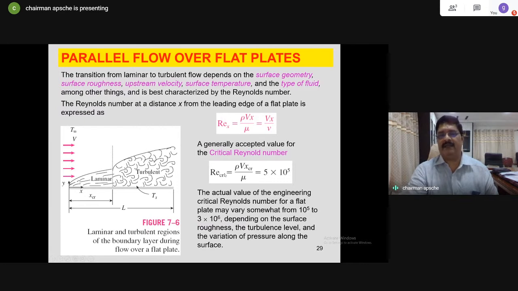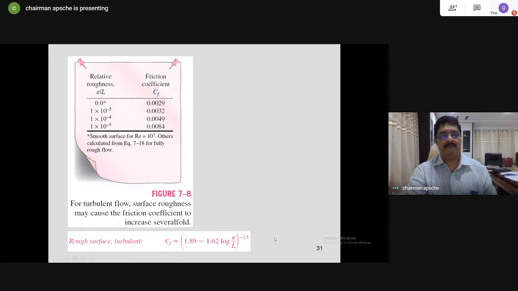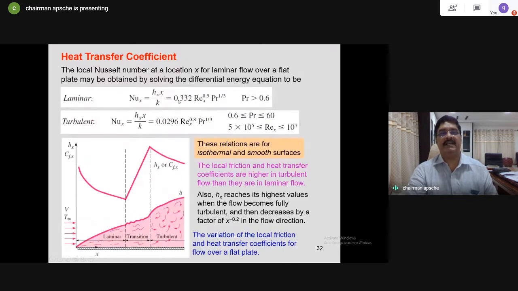I said that the critical Reynolds number is 5 into 10 power 5 for a flat plate. All these values we have already defined. For the heat transfer coefficient equations, for a flat plate laminar flow, Nusselt X is equal to 0.332 Re power 0.5 Pr power 1 by 3.